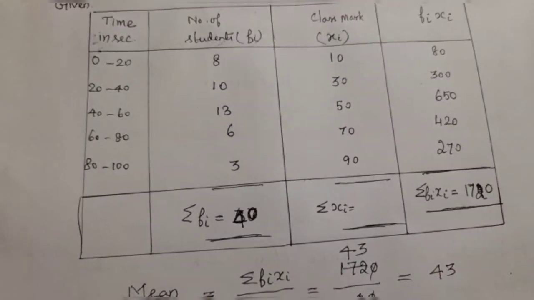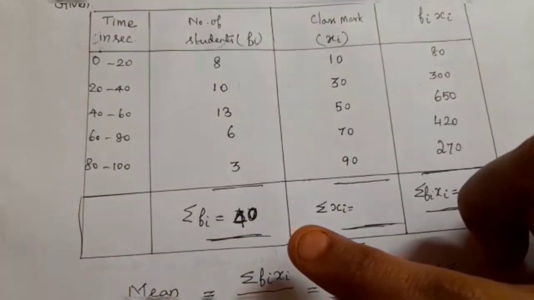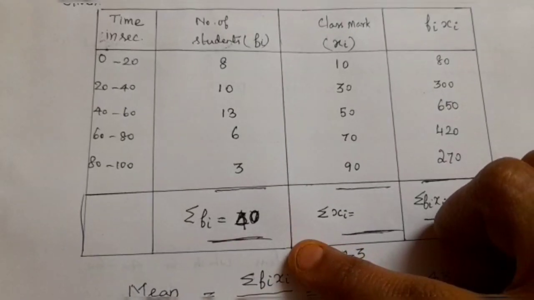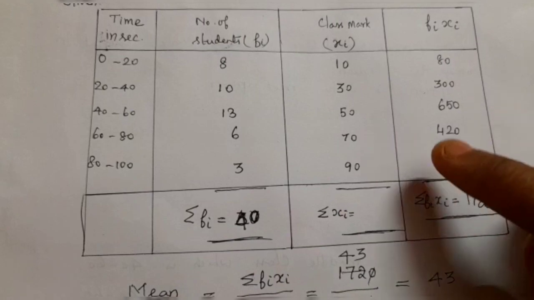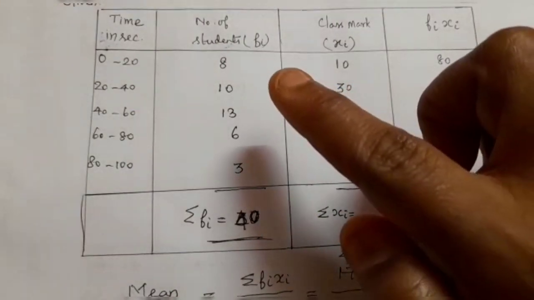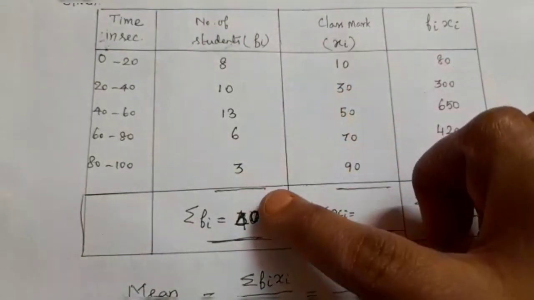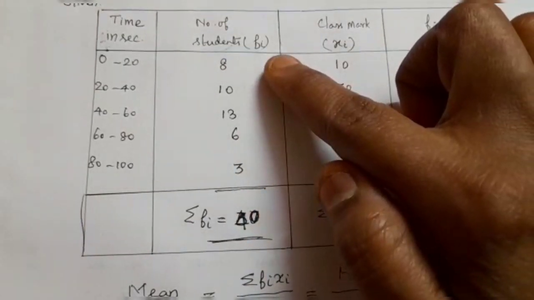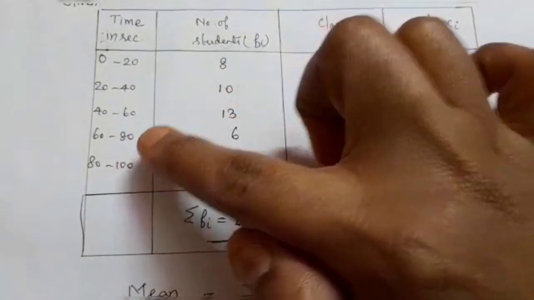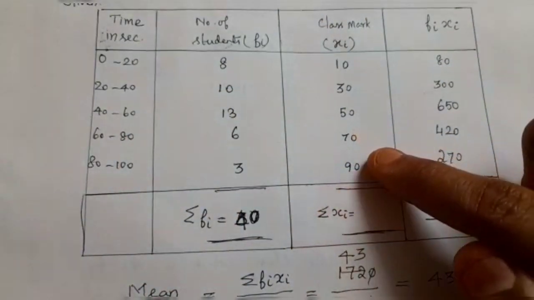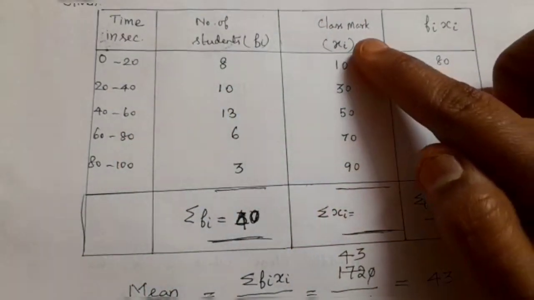Time and number of students are given in the question. Keep the given number of students as fi, the frequency, and the time intervals as classes, with class mark xi.